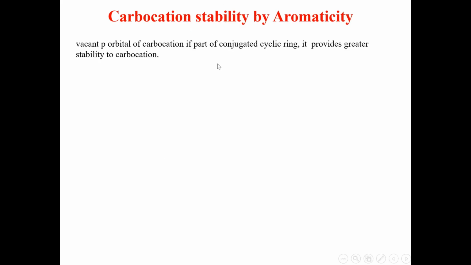Aromaticity is another factor which stabilizes the carbocation. For example, if the vacant p orbital of the carbocation is conjugated with a cyclic ring system, then it provides greater stability. Here there is a positive center in this ring system.